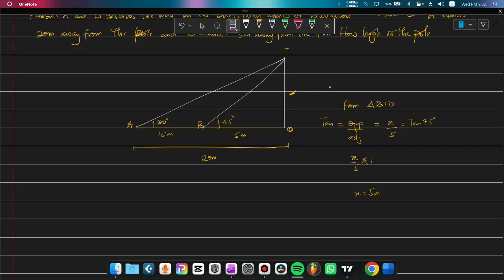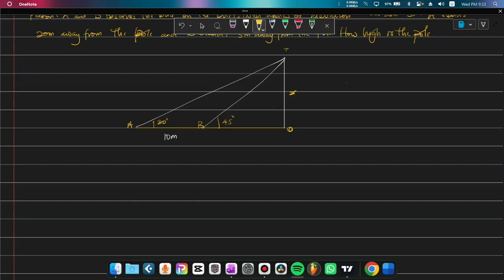Now, what if we make the question a little bit harder? Let's change the values. Let's say we are given the length of the space to be 10 meters from A to B, and we are not given this space.